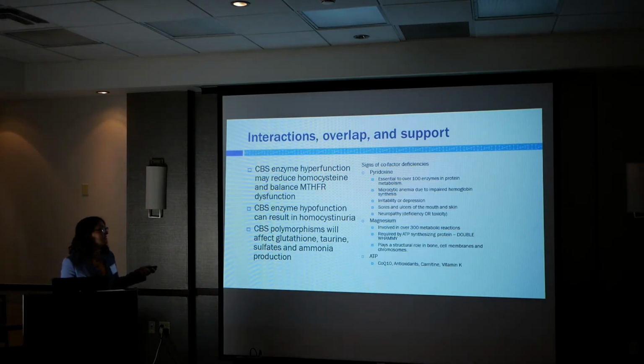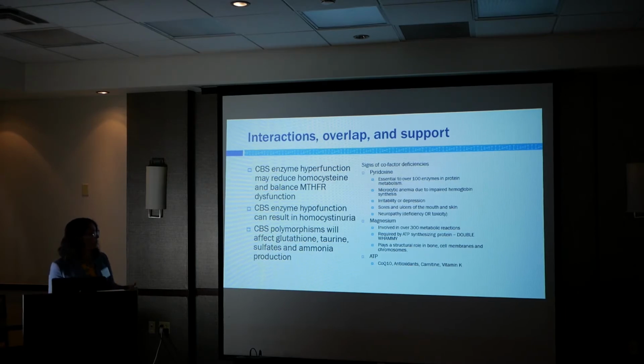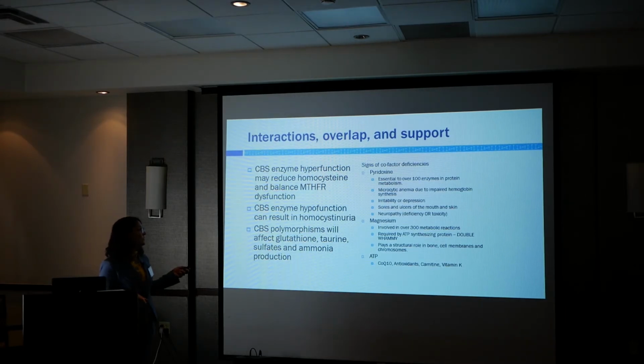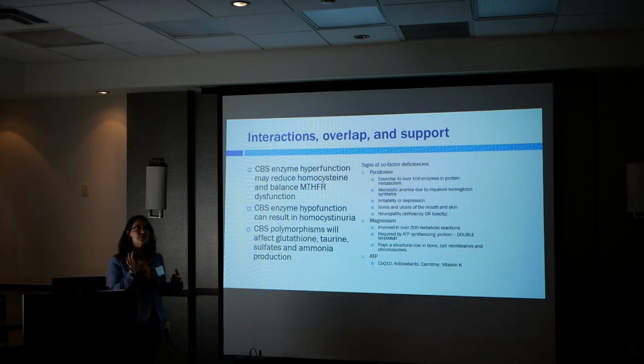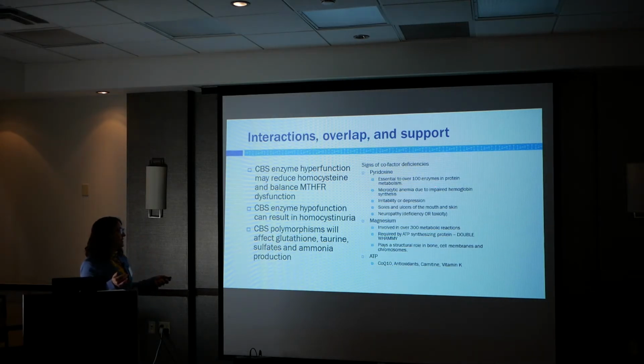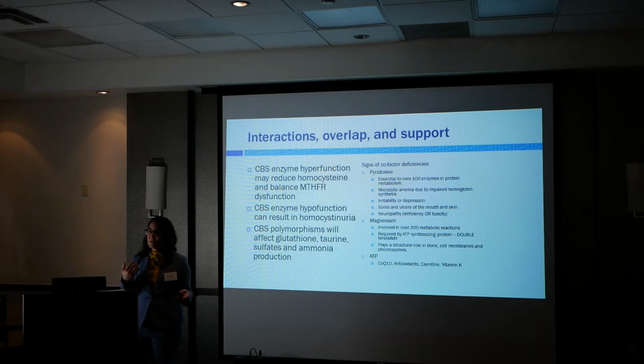But the signs of deficiencies: pyridoxine, pyridoxine 5-phosphate or pyridoxine HCl, whatever you choose to utilize, this is essential for over 100 enzymes, right? So it's a cofactor in so many pathways. We know that microcytic anemia could be related to it, irritability or depression, sores and ulcerations in the mouth.